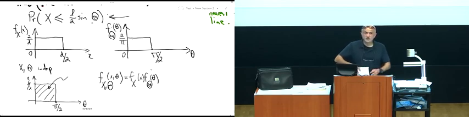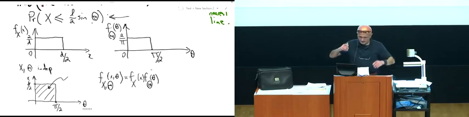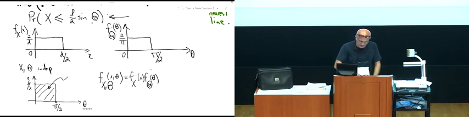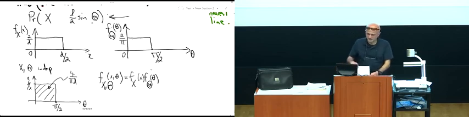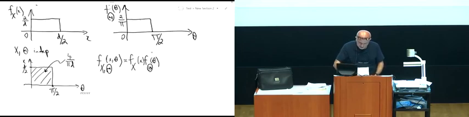So I have this three-dimensional rectangular cube that has a height of 4 over pi d. It's this peak times this peak. Okay.